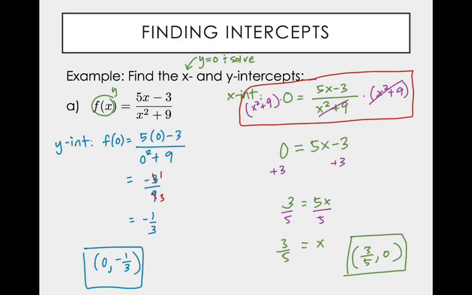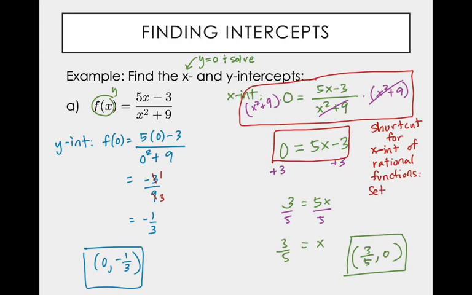So this gives us a shortcut for x-intercepts of rational functions: we're just going to set the top equal to 0, like we ended up with here. The denominator got multiplied on both sides.